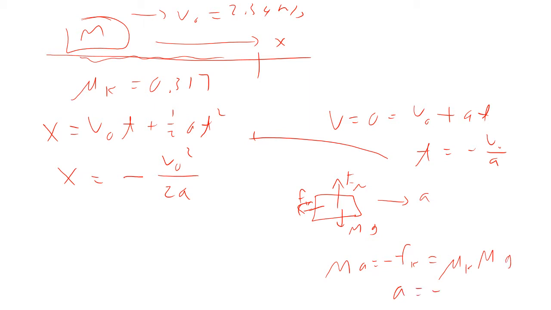So a is going to be minus mu sub k times g. So x is minus v naught squared divided by 2 mu sub k g, and the two minuses make a plus. Okay, so if we plug in the numbers, notice the mass cancels, and we get 0.880 meters.